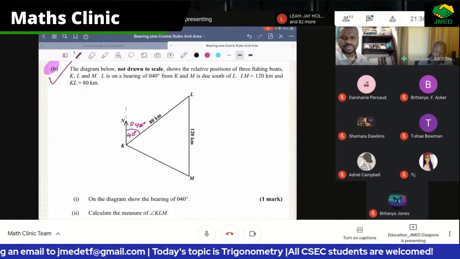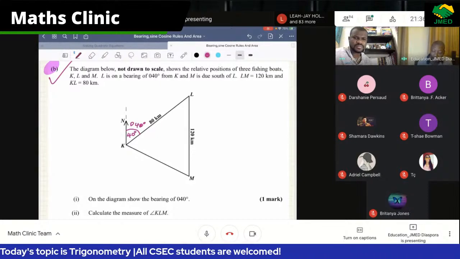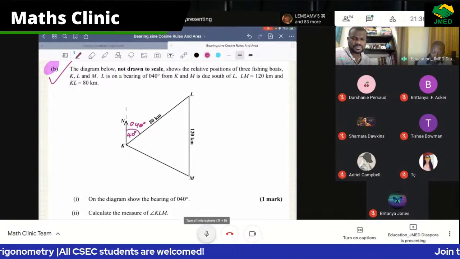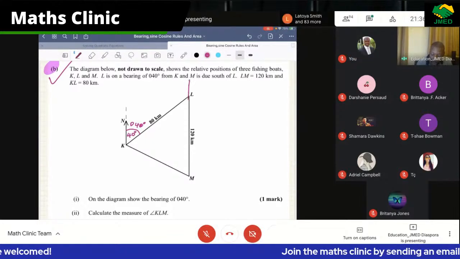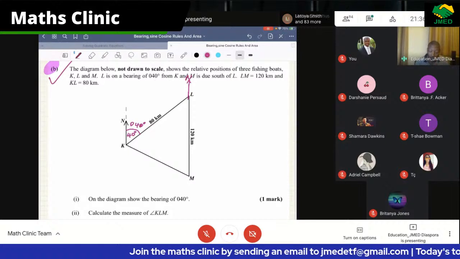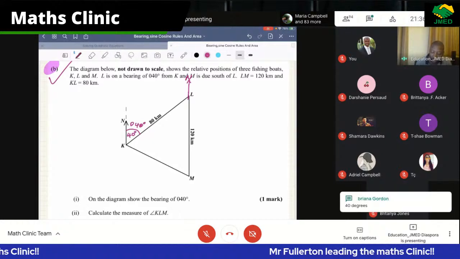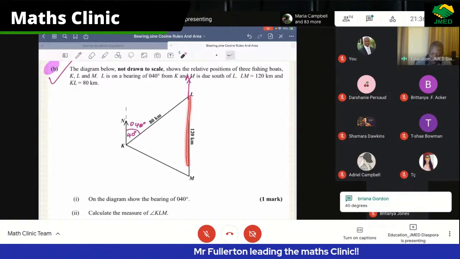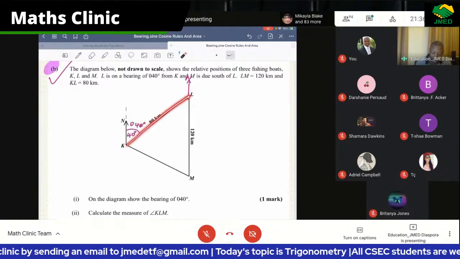And from K, M is due south of L. So let's add a north there because there's a south down there. And they say that LM is 120 kilometers, which is along here, and KL is 80 kilometers.